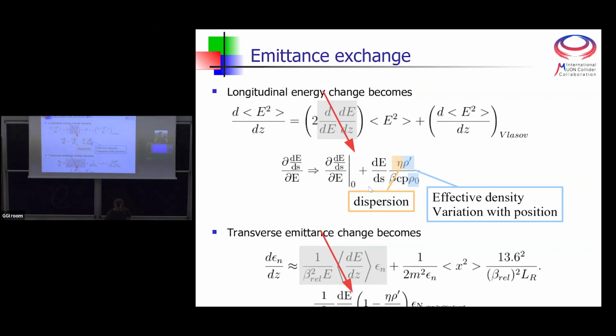And so you end up having this extra term, which is the dispersion times the density variation with position. That's the amount of longitudinal emittance reduction. The cost then is that you get a transverse emittance going up, or you get less cooling because you've moved emittance from transverse phase space to longitudinal phase space.